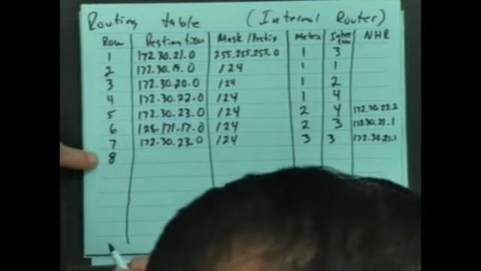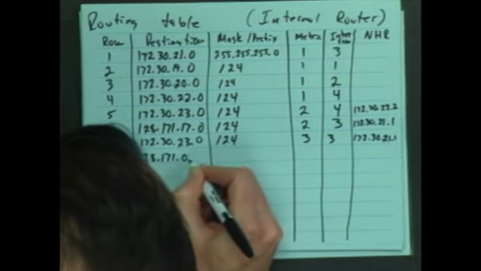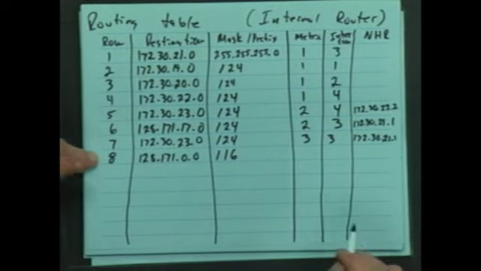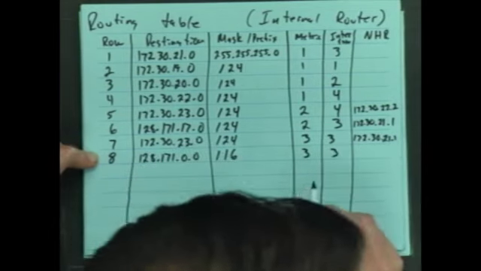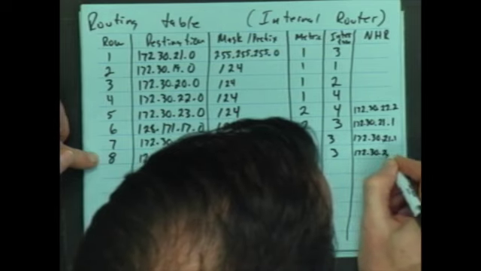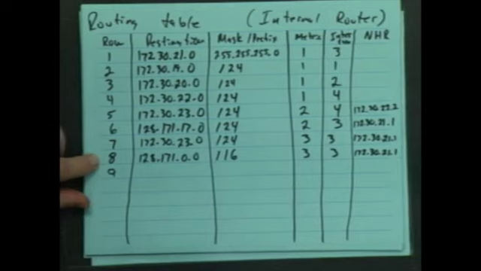Row 8. 128.171.0.0. This one has a /16 match on it. We have 3 hops here, and we are out interface 3, 172.30.21.1. Okay. Row 9.